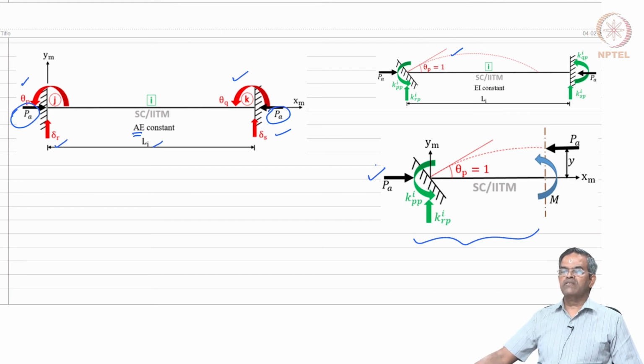We derived the rotation functions using the second order ordinary differential equation from the previous lecture, and we found the rotation coefficients from the solution.